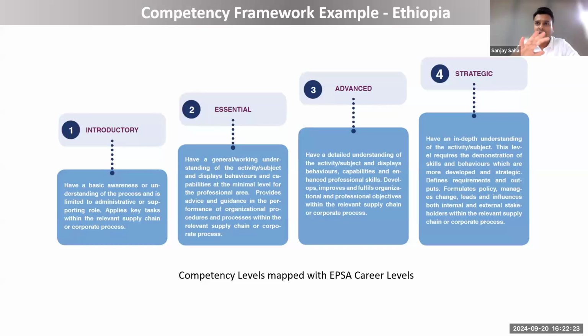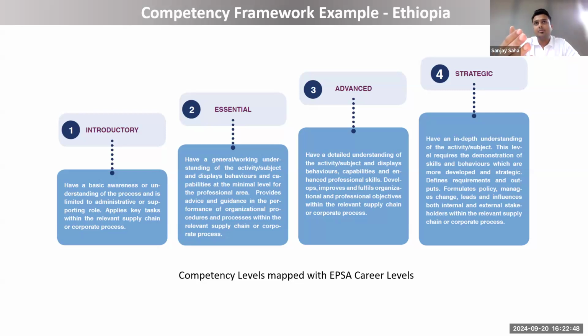So they had about 9 job bands within the organization, a total of 9. So we mapped those 9 into these four boxes. So two of those roles came as introductory, which is like a starting professional. Then three of them came at essential, which are like one level up, like a basic supervisor.